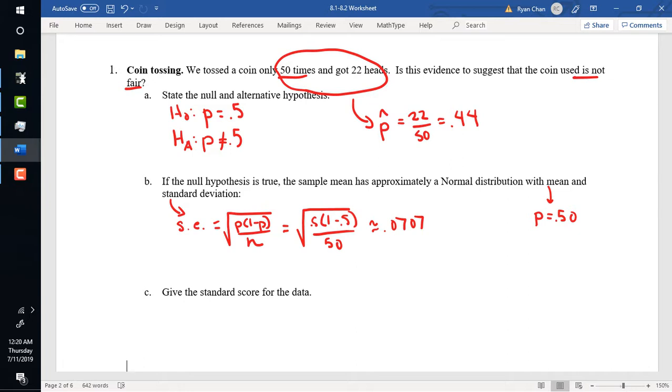So what we're going to now do is the standard score for the data. I'm going to use z is equal to p hat minus p all over SE. We've done this before. Actually, this was in chapter 7.3. We're actually just doing central limit theorem. So I have 0.44 minus 0.50 divided by 0.0707.